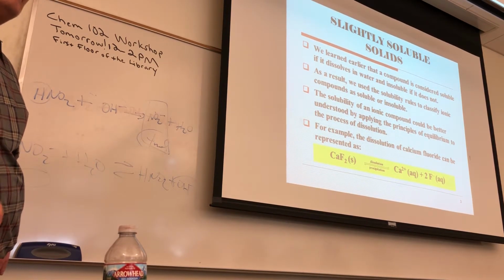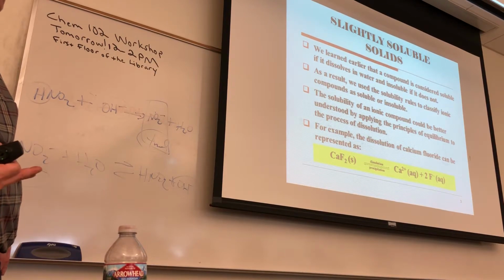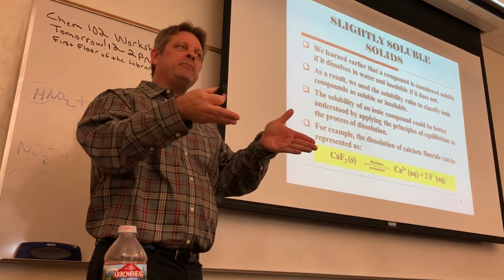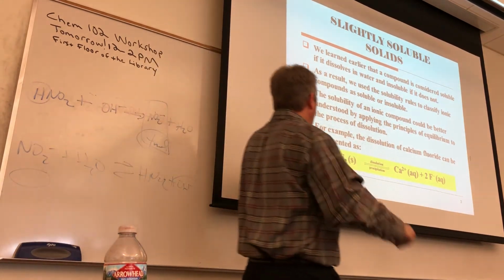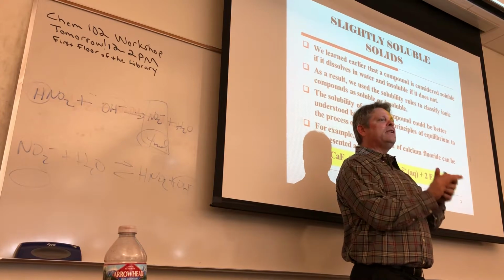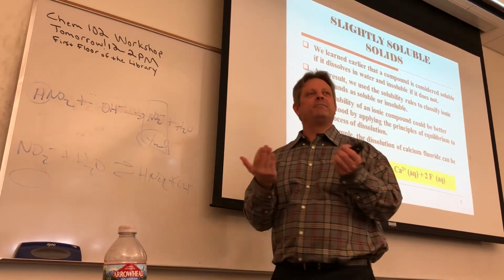The solubility rules and the solubility chart are two different things that both deal with solubility. One dealt with the saturation of something in a certain volume at a particular temperature, and the other dealt with whether or not it formed a solid or a precipitate in water. And it either did or it didn't, right? There wasn't any medium ground.